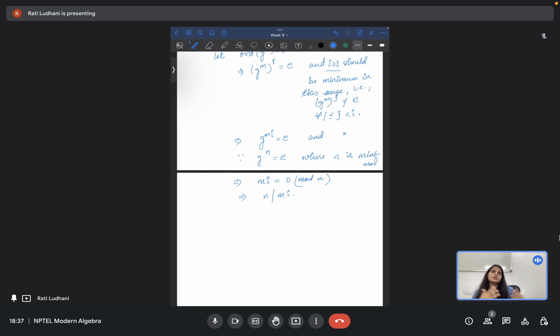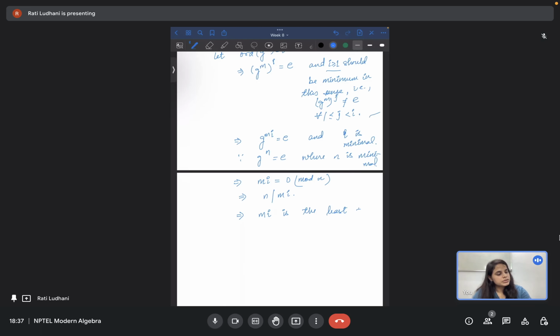For example, mi could be 2n depending on the values, or 3n or something. n should divide mi. So what does that mean? This implies mi is the least, because i is itself least, i is minimal as per the above things.